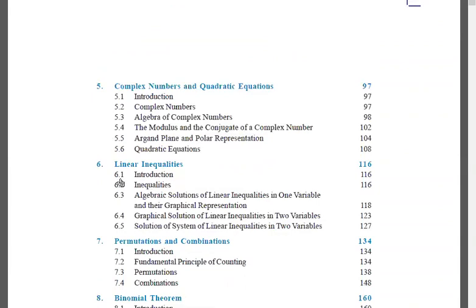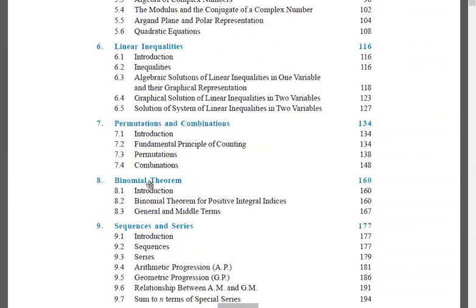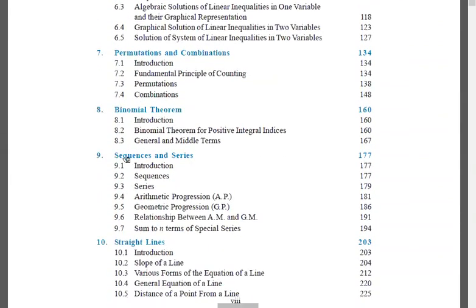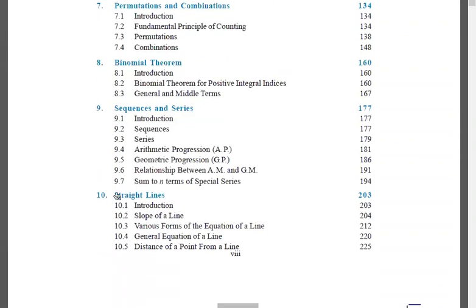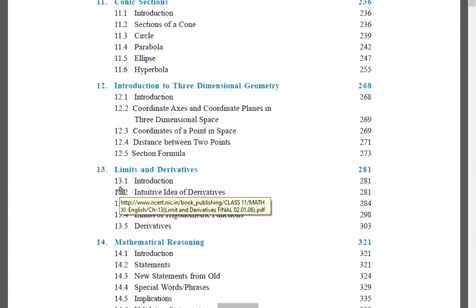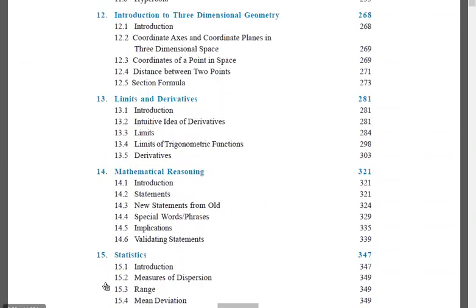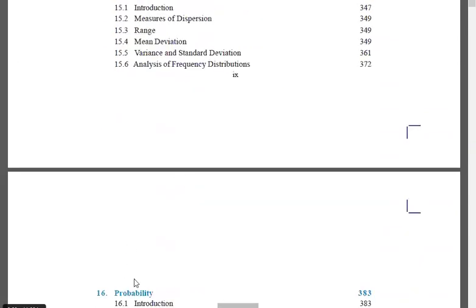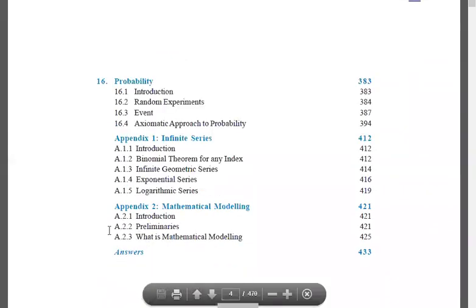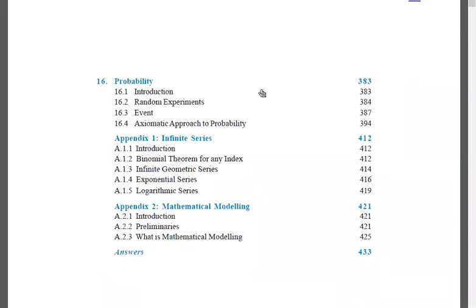Then chapter 5, chapter 6, chapter 7, chapter 9. Chapter 8 we will do after chapter 9, and we will do chapter 10, and then chapter 13 and chapter 16. This we can complete. So I guess most of 60% will already be covered.